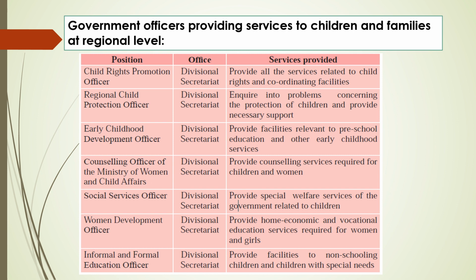What does he or she do? They provide all the services related to child rights and coordinate facilities in the particular region. The second one, Regional Child Protection Officer, is based in the Divisional Secretariat, inquires into problems concerning the protection of children and provides necessary support.